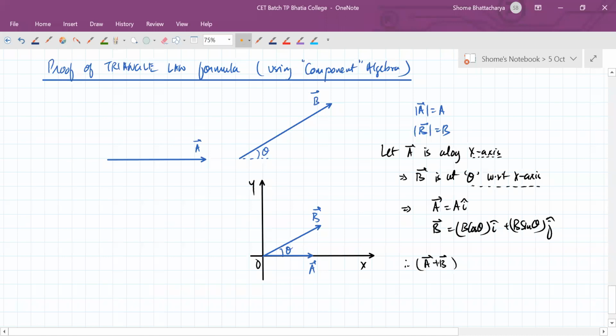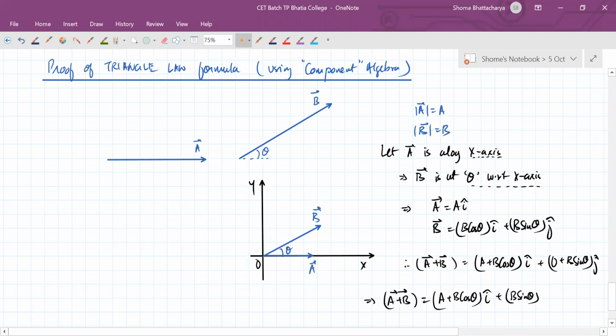It is the sum of the x components, that is A plus B cos theta i cap, and the sum of the y components, so that is 0 plus B sin theta j cap. So in other words, the vector A plus B is having an x component of this much and a y component of this much.